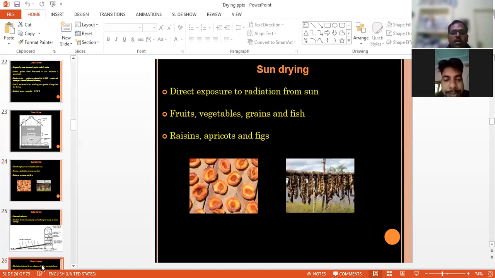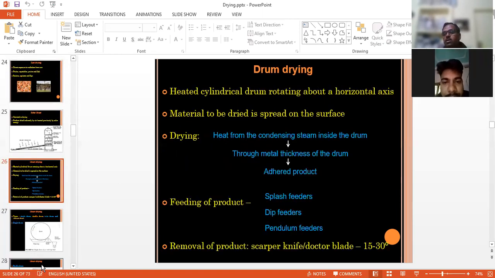So now we are discussing today the different drying techniques for the utilization of milk and milk products. Here we are using drum drying. Drum drying we have already discussed in BTech courses also.